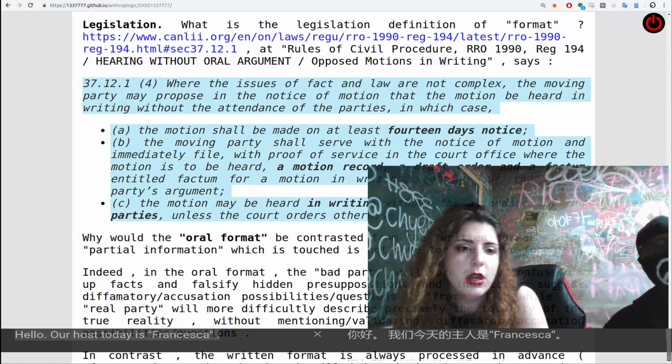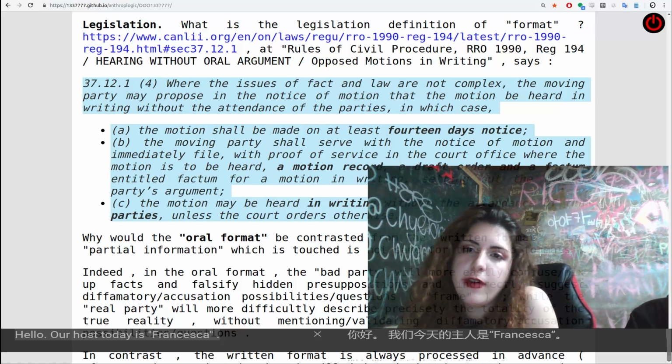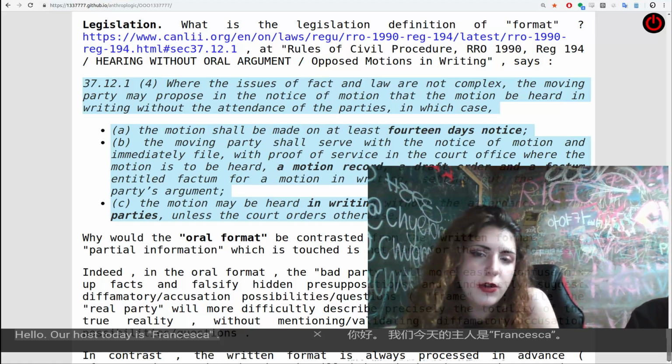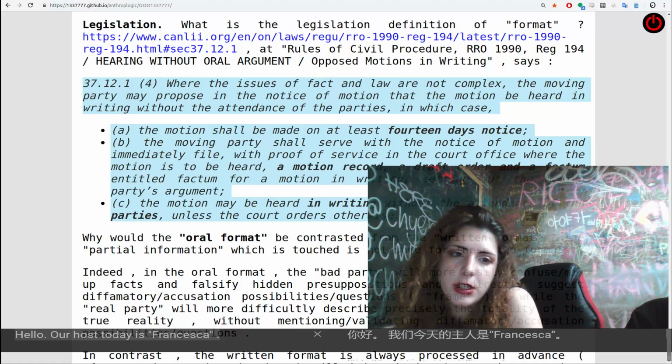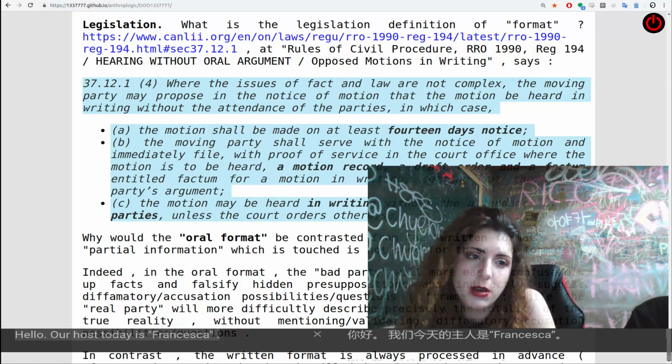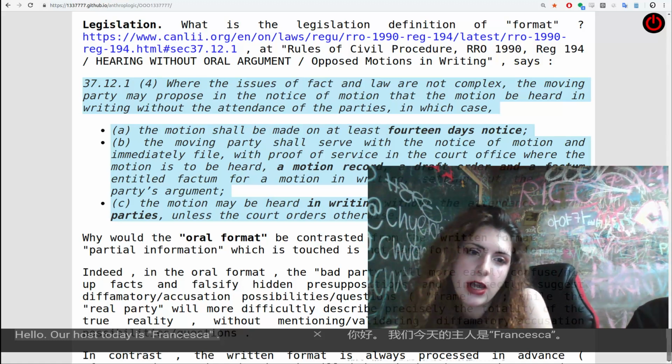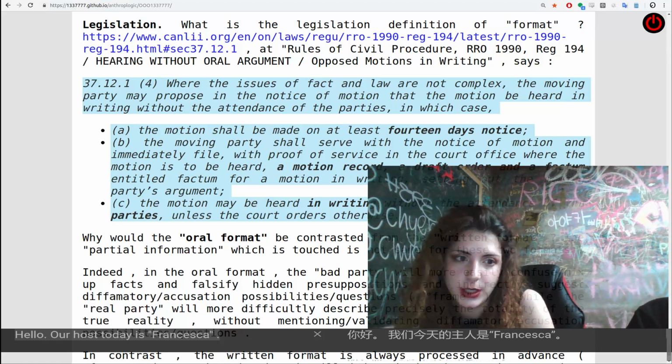Yeah, sure. Where the issues of fact and law are not complex, the moving party may propose in the notice of motion that the motion be heard in writing without the attendance of the parties, in which case: A. The motion shall be made on at least 14 days notice.